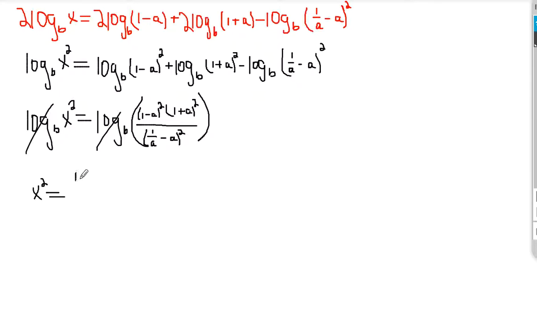So 1 minus a squared times 1 plus a squared all over 1 minus a squared equals 1 divided by a minus a squared.